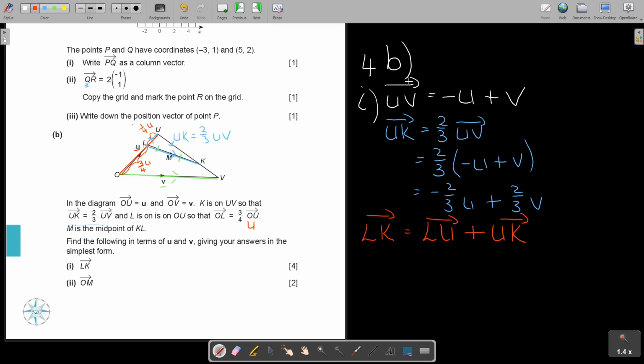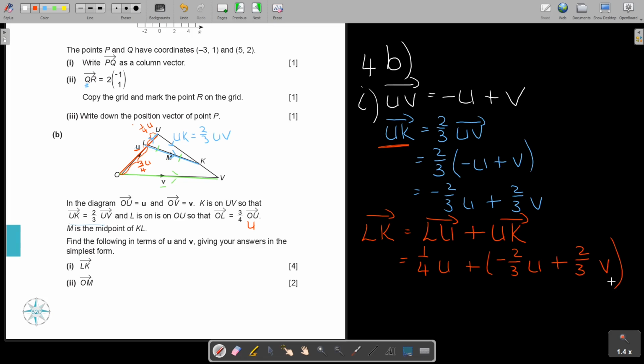Because then I can look up and I can look, what do I have? Do I have LU? Yes, that's that quarter. Can you remember? Quarter U. Do I have UK? Yes, I have UK there. So it's minus 2/3 U plus 2/3 V.